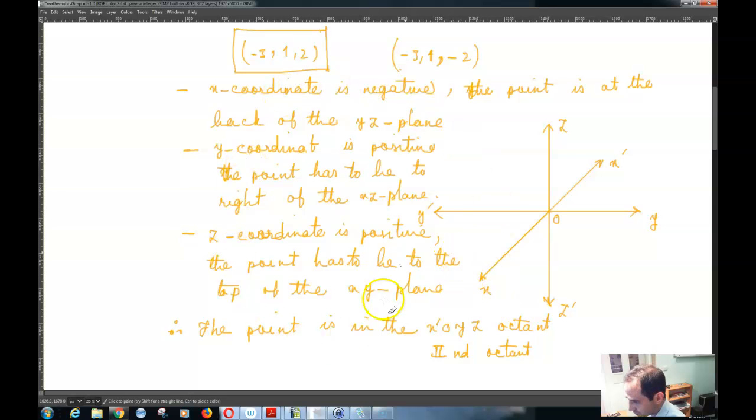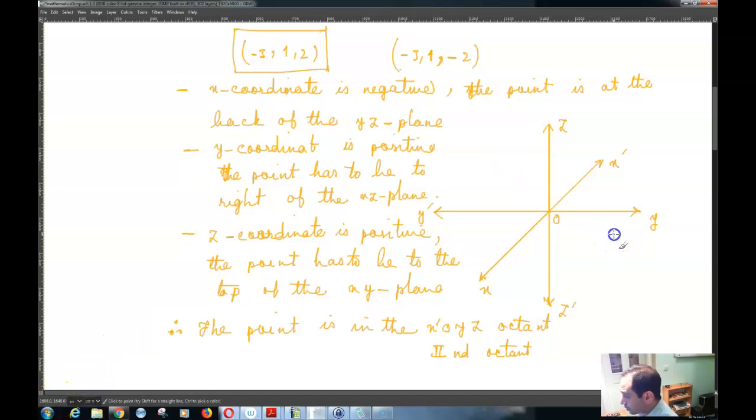That is how you would analyze this logically. There is one more point over here. We will analyze this as well, and then we will end this video after that.